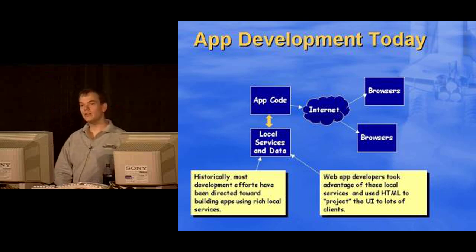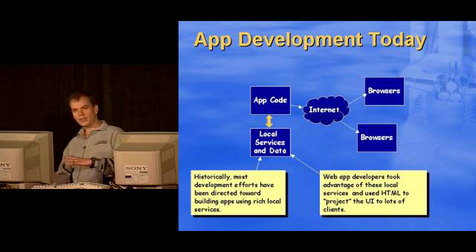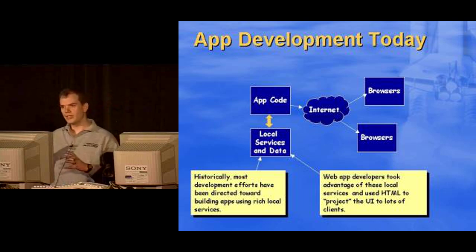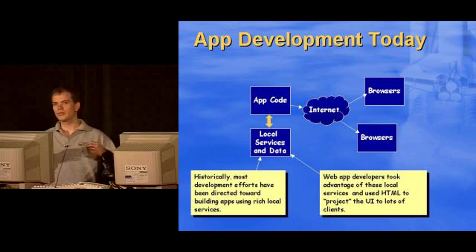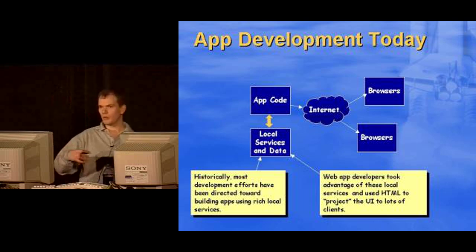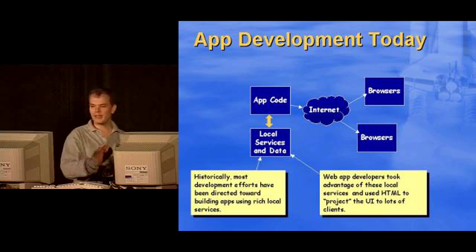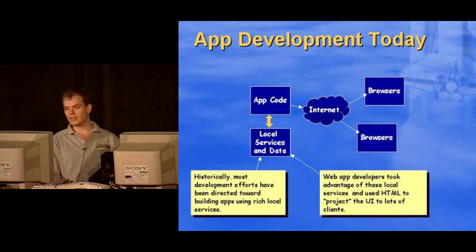It's very easy. There's a very low barrier to entry. One of the keys for web services going forward is to leverage this low barrier to entry, this productivity that the internet represents, and to bring it back into the application, the app code itself.